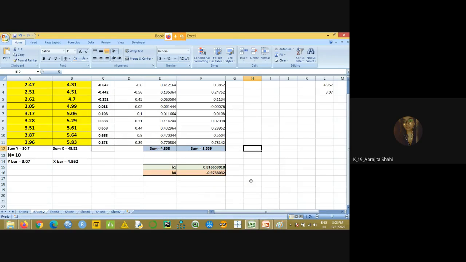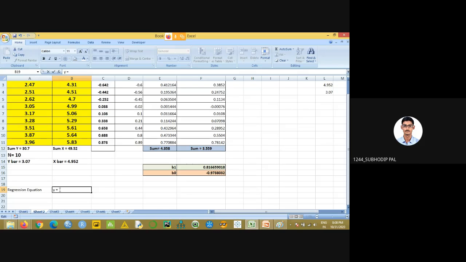So now I can write a regression equation. My regression equation will be y is equal to what?